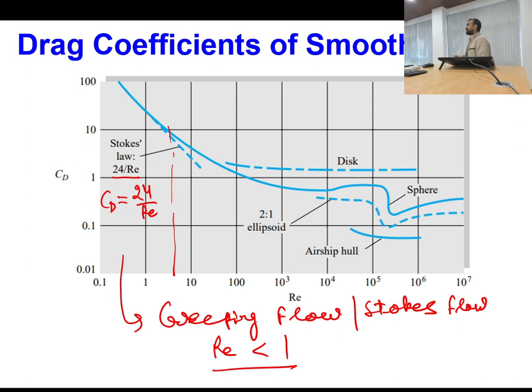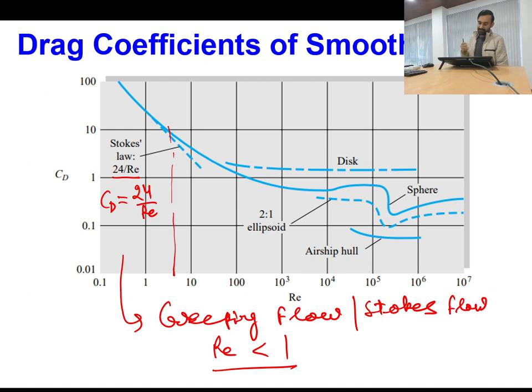Typically in a creeping flow condition there will not be any significant acceleration of the fluid. So that's why the left hand side of the Navier-Stokes equations vanishes, and we simply have only the viscous shear term and the pressure term.